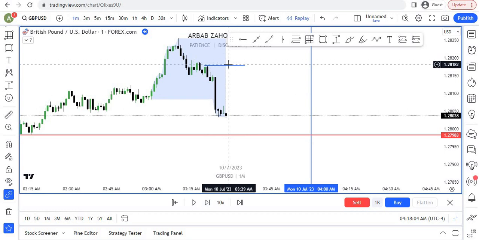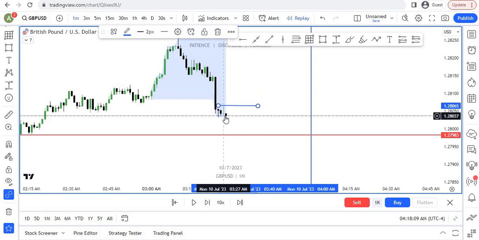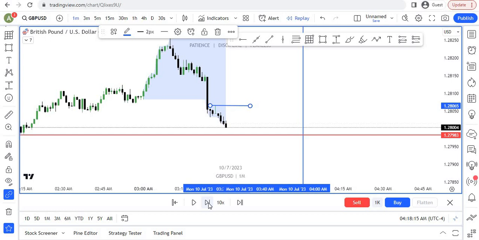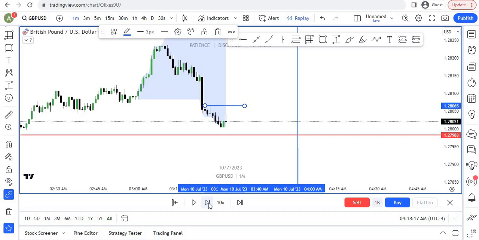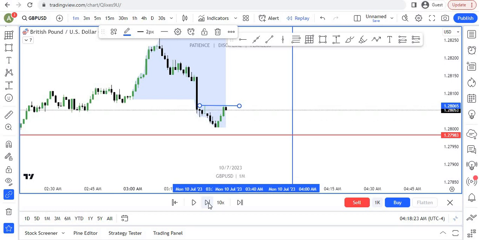This is also a valid swing point because the first and third candle did not break upside. Shift. We have these now because of this shift.